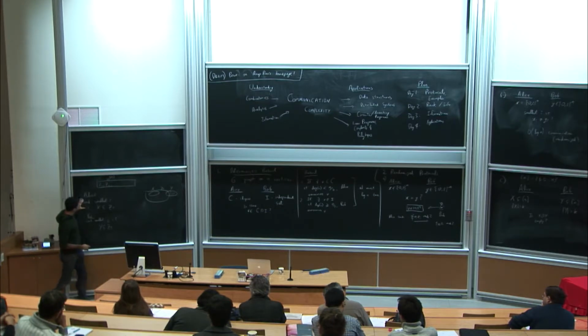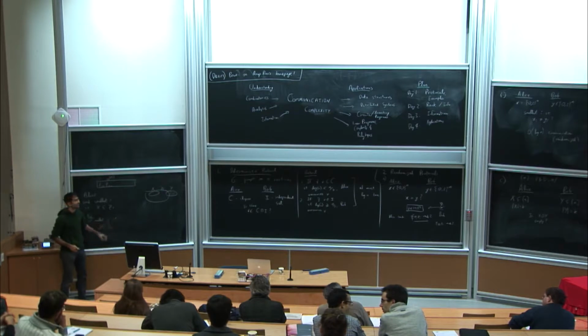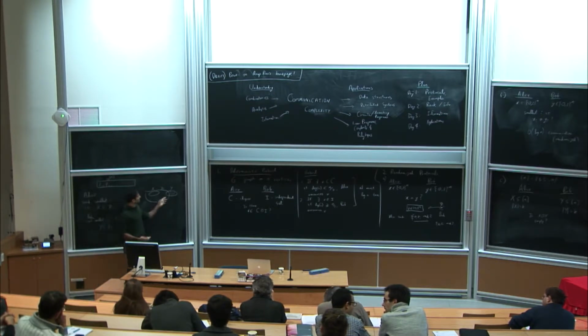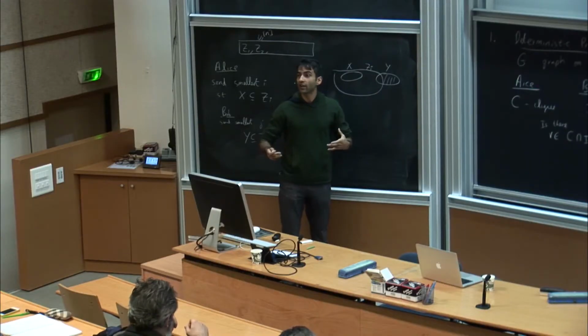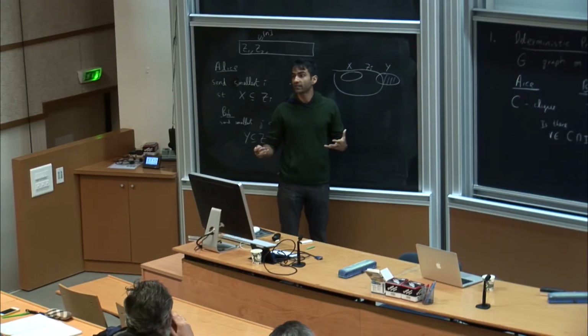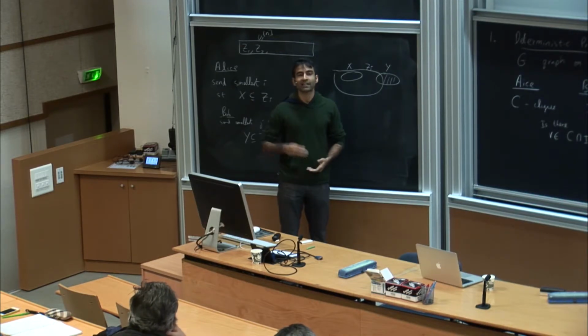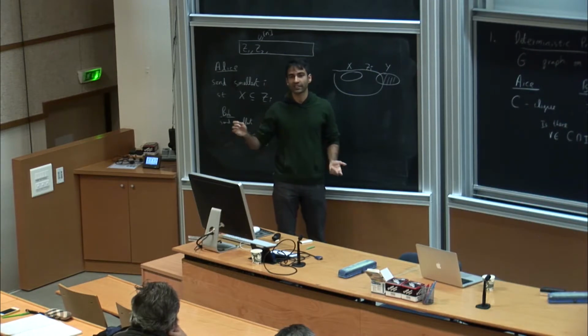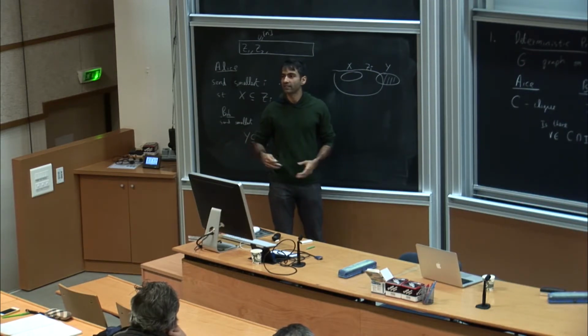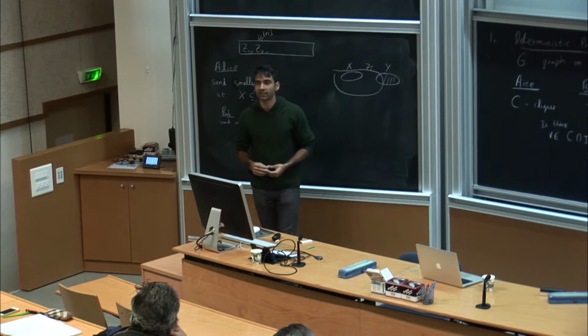So it takes k bits for Alice to send this first I, and k bits for Bob to send this first j. But then after that, the size of the set shrinks by a factor of 2. So in the next round, it's going to take k over 2 bits to send the next index. So the communication complexity looks like k bits plus k over 2 bits plus k over 4 bits. So it's a geometrically decreasing sequence, and the sum is order k.